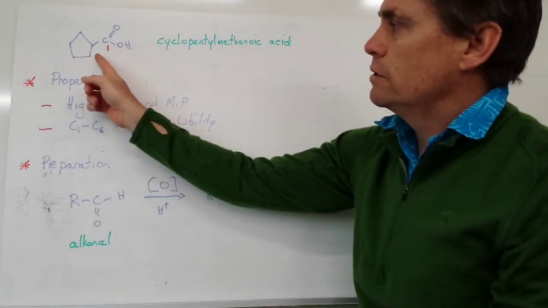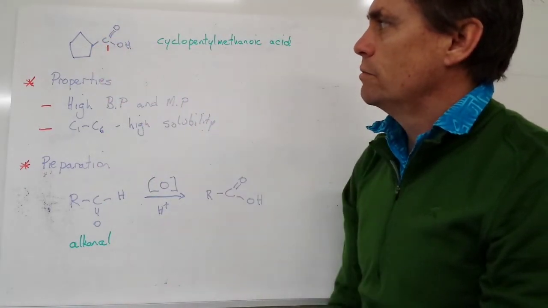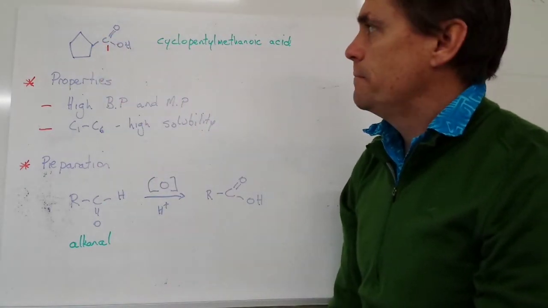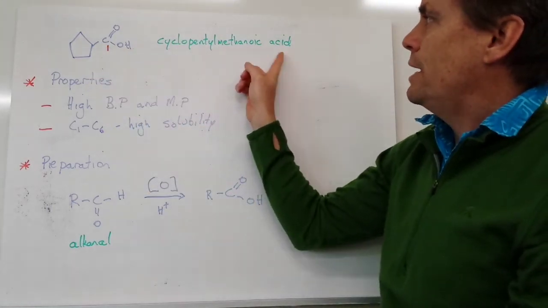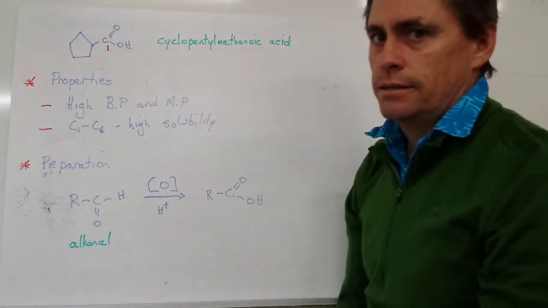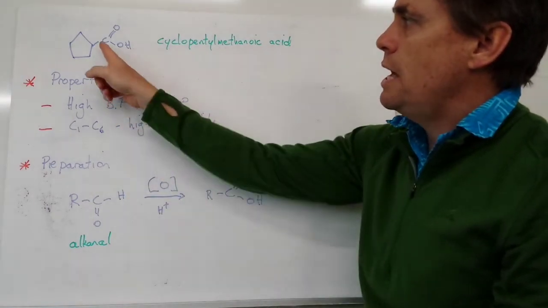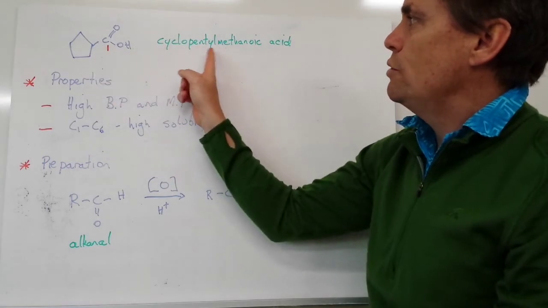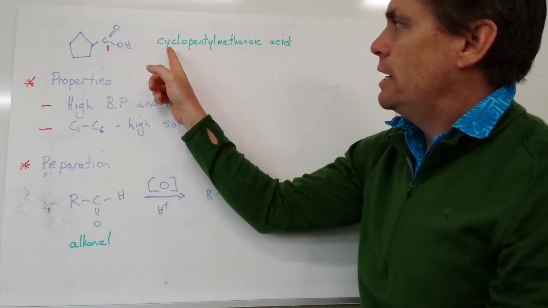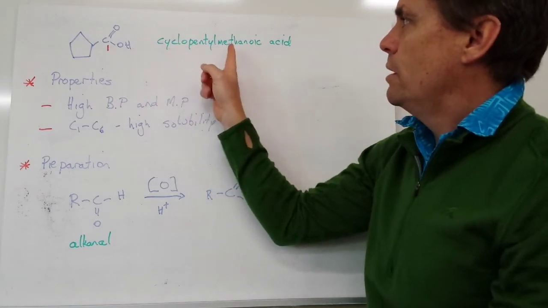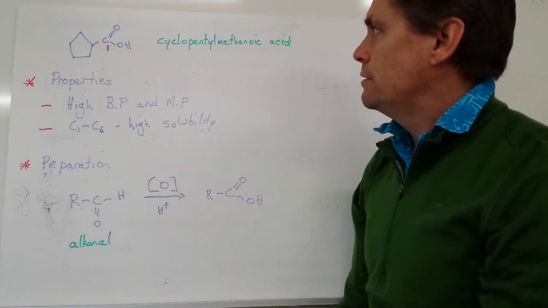This cyclic structure is a side chain to this particular chain here. And because we've only got the 1 carbon, it's a methanoic acid. Methane is the 1 carbon. And we've got a side chain of a cyclopentyl group. So the 5 carbons in a ring, cyclopentyl group on the methanoic acid. So we have cyclopentyl methanoic acid.